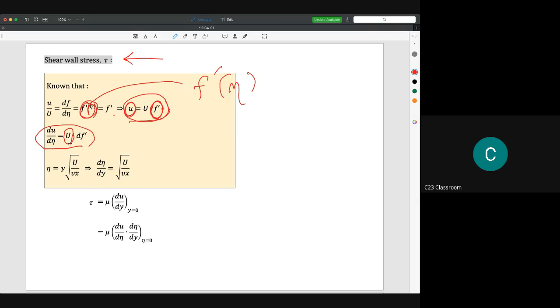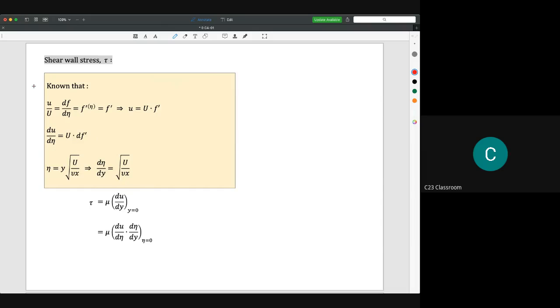This is also something we get from the table, from the assumption of Blasius. We could have d eta dy equal to square root of U over nu x. I think we previously had this one, so refer back to the von Karman step.